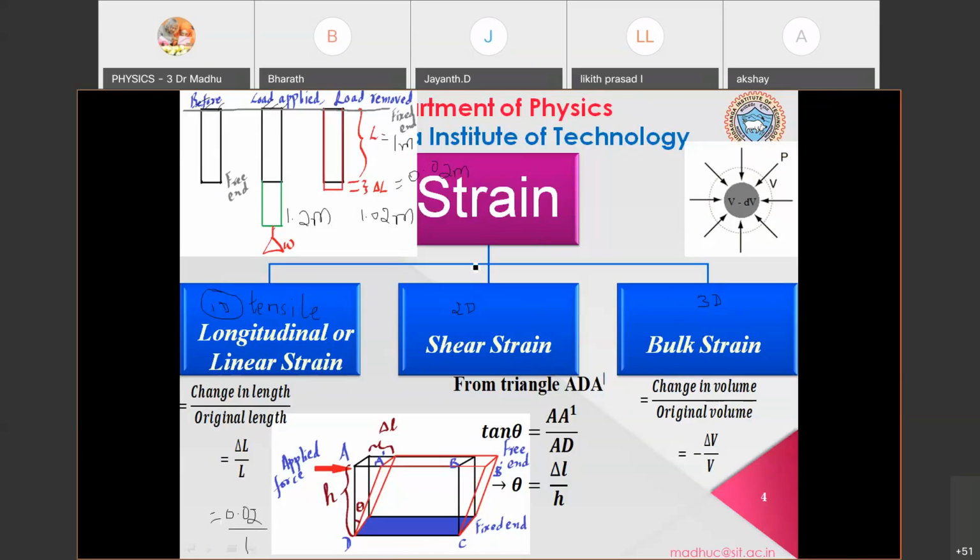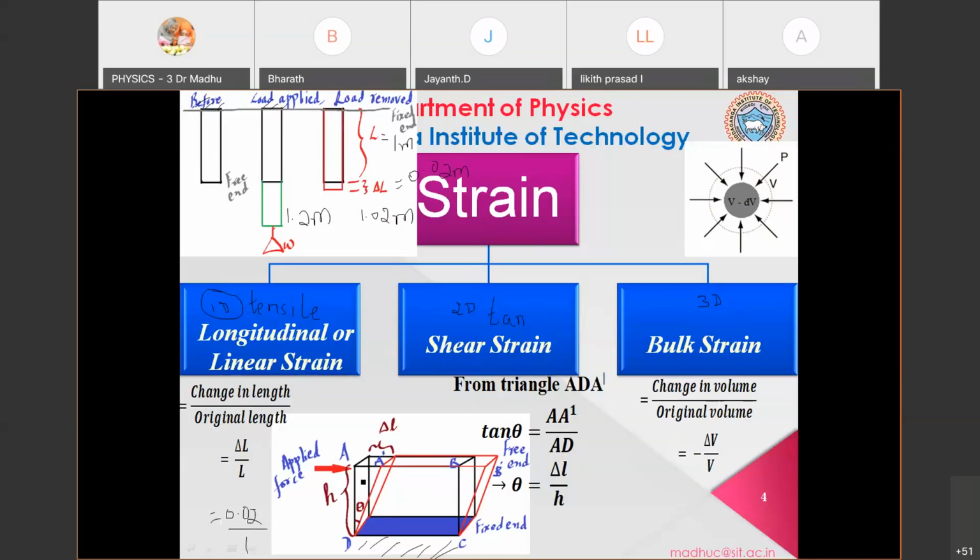So in the second case, this is your shearing or tangential strain. Some people call it tangential strain. In this case, you are fixing the lower end, and you are going to apply force on the upper end.